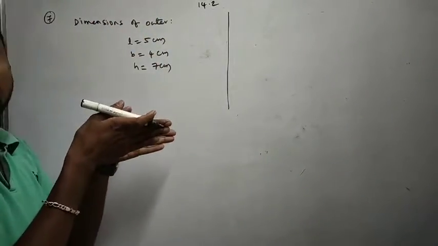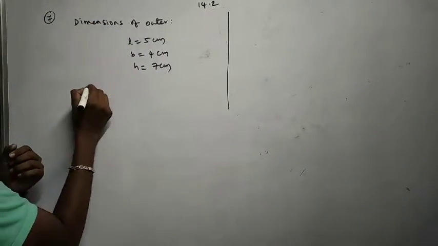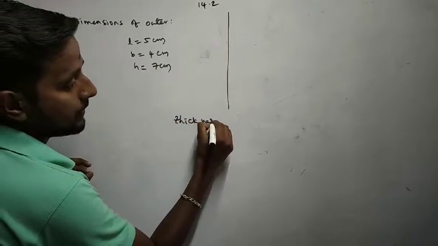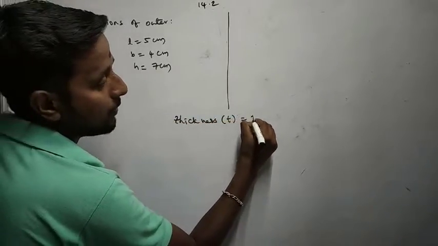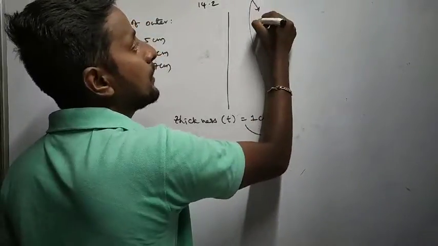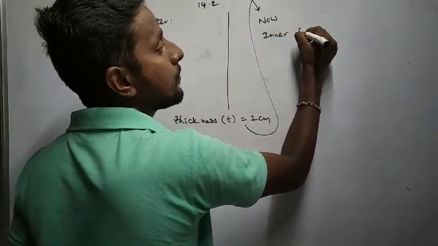He has given the box thickness. The box thickness is 1 centimeter each. Here I'll write thickness, that is nothing but t, equal to 1 centimeter. Now after this I'll write the inner dimensions.